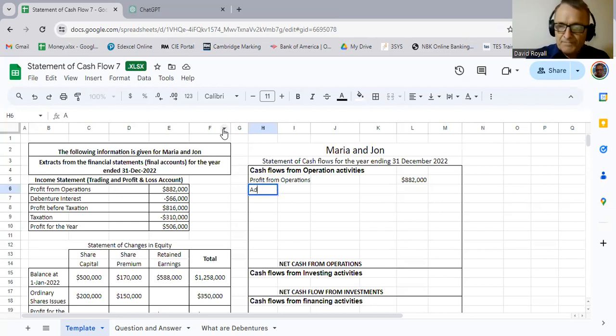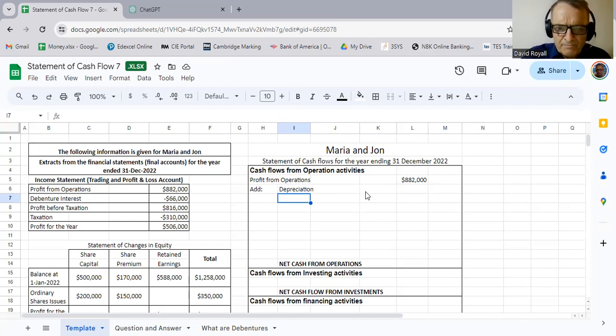So the first one is, as always, depreciation. We add that back in because although it's an expense, it wasn't a cash outflow. So we're going to put it back in.